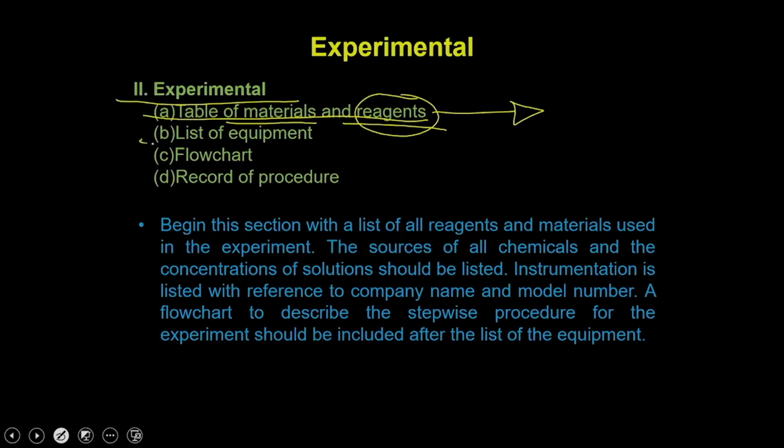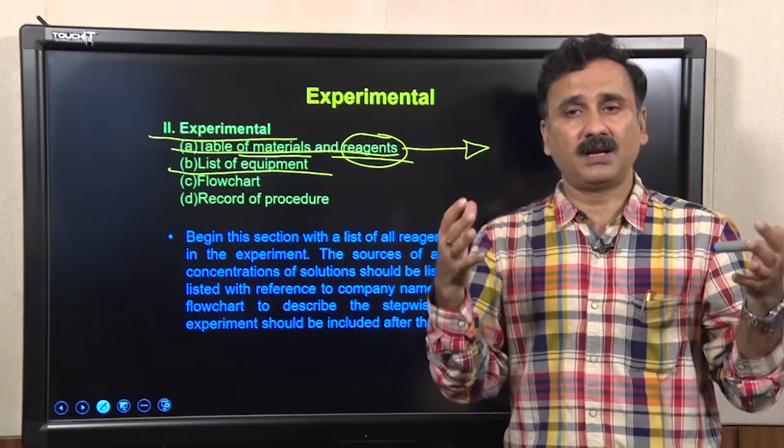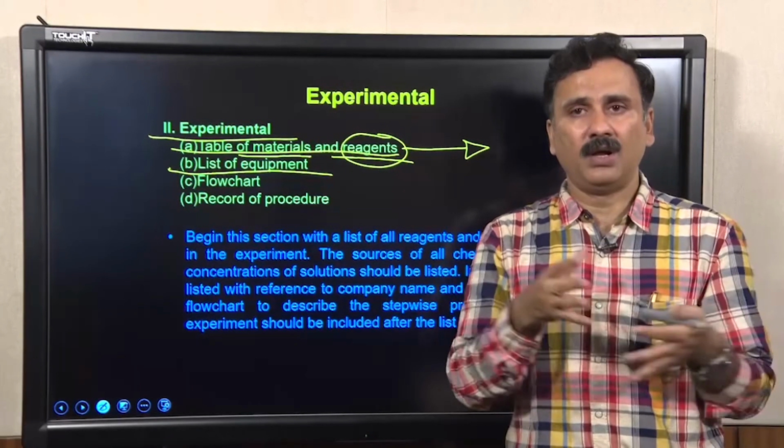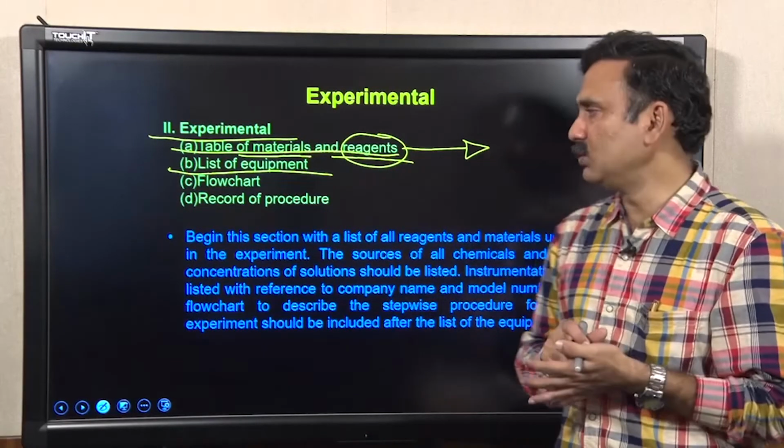And then I have to prepare a list of equipments required, so that I should arrange all these equipments and ensure that they are in working condition and available for usage.